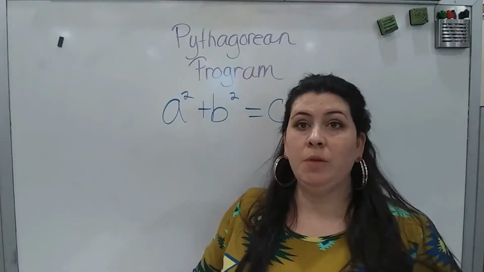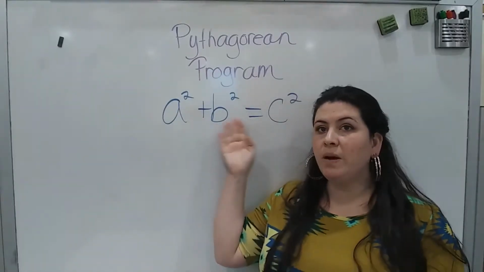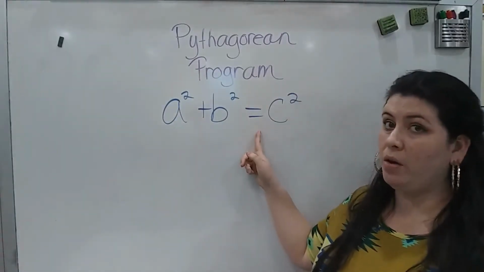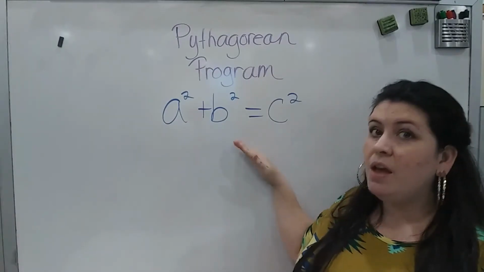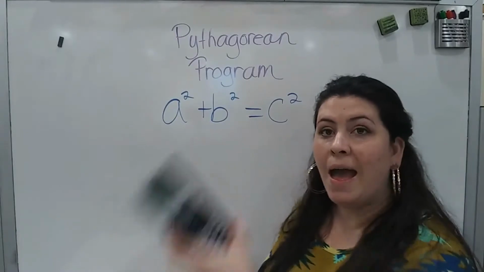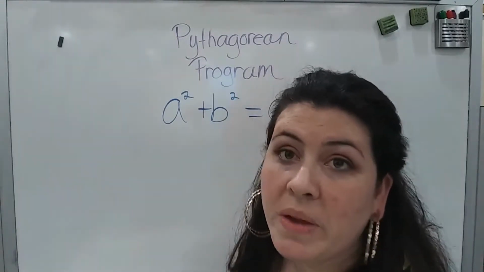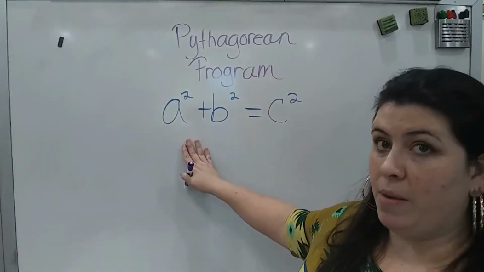So now that we're used to applying the Pythagorean Theorem to our right triangles, a squared plus b squared equals c squared, c always being the hypotenuse of our right triangle, let's program our assistant to do it for us. Before we can do that, we need to do a little bit of prep work.